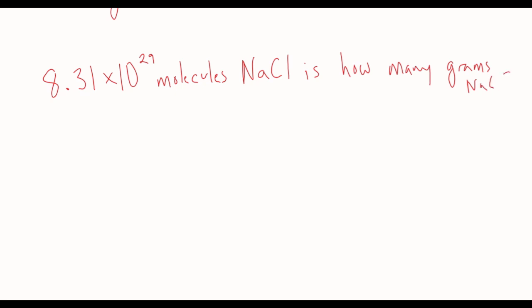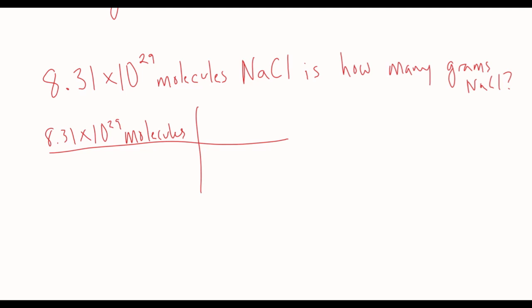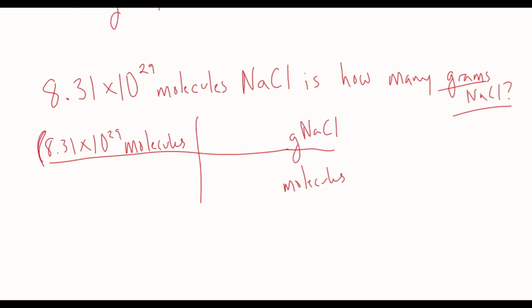So you always start with what they give you. 8.31 times 10 to the 29 molecules. And I always put that in parentheses too. It's always helpful. So diagonal matches, and then it wants grams of NaCl. So anything that's times 10 to an exponent, always put in parentheses.